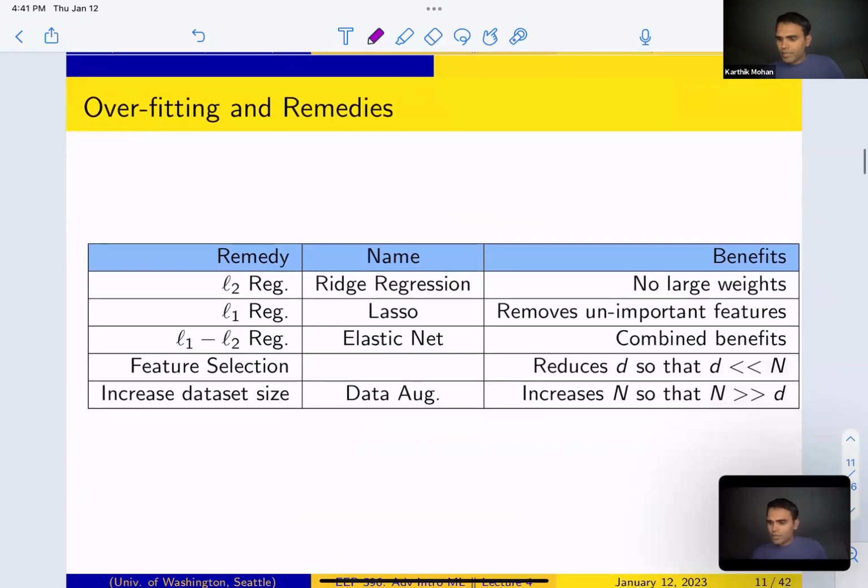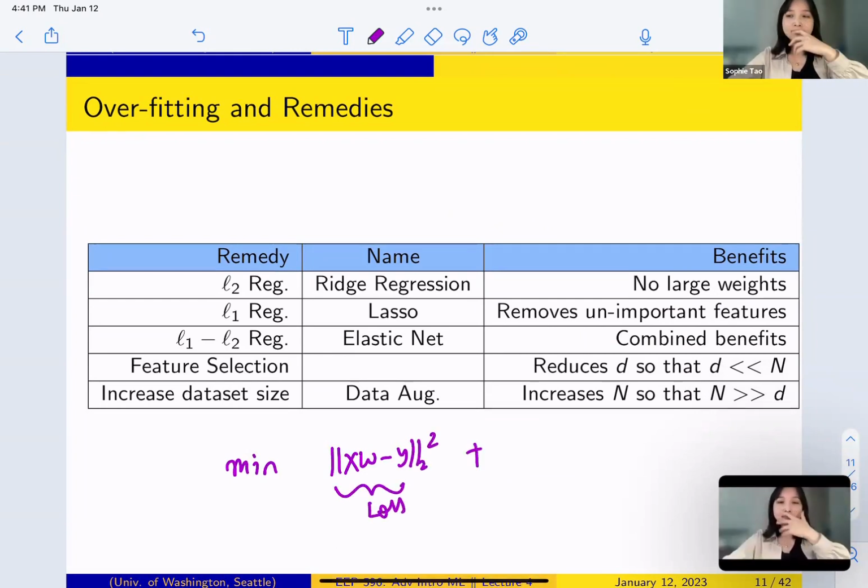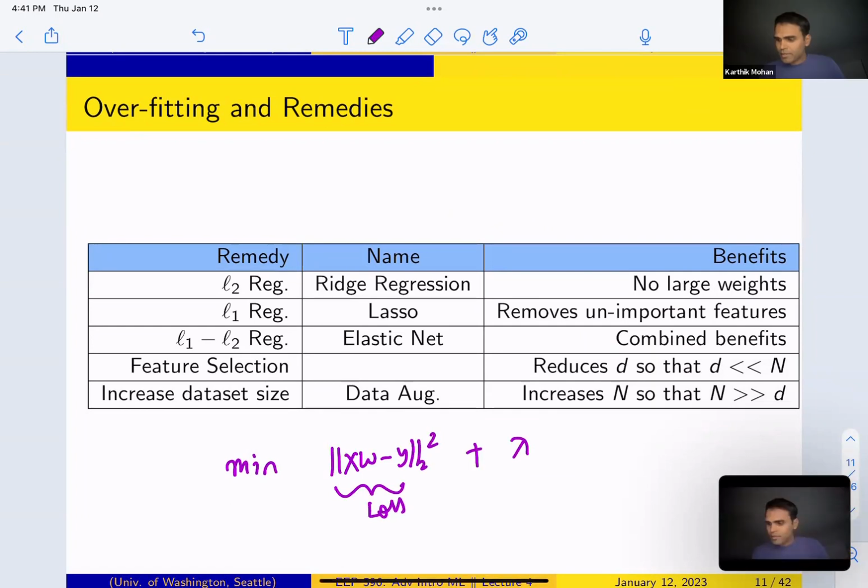So this is what you would do, right? You'd say, okay, I want to minimize x times w minus y. So this is my loss, plus maybe some lambda, a regularization parameter, times the L2 norm square. So this is my L2 penalty. And I'll call this ridge regression.